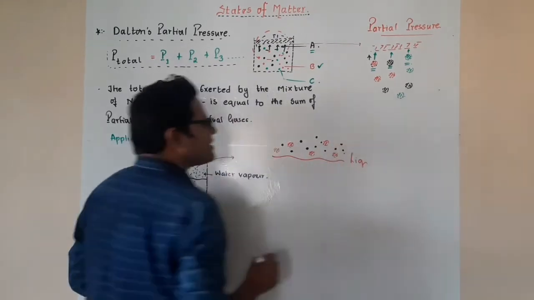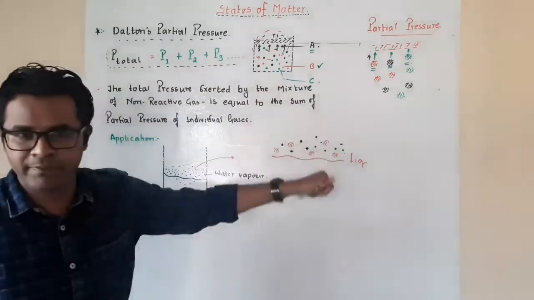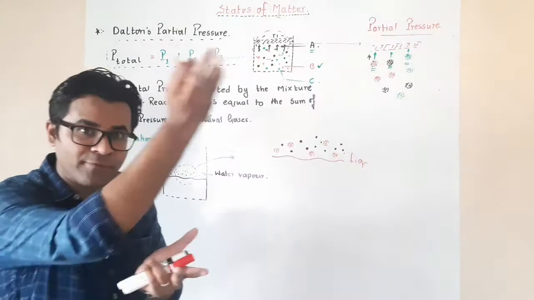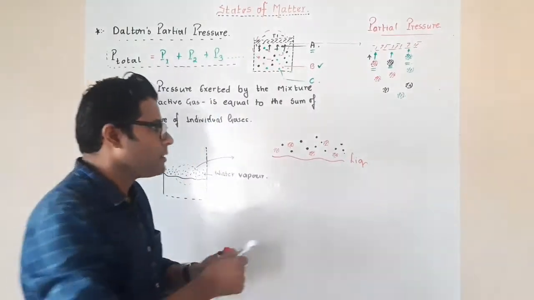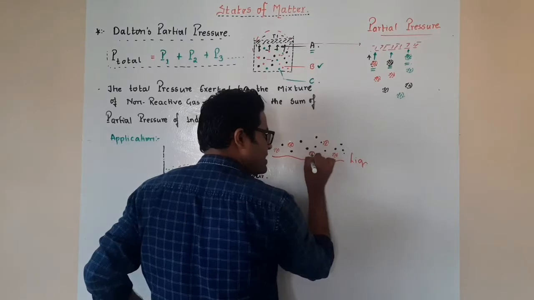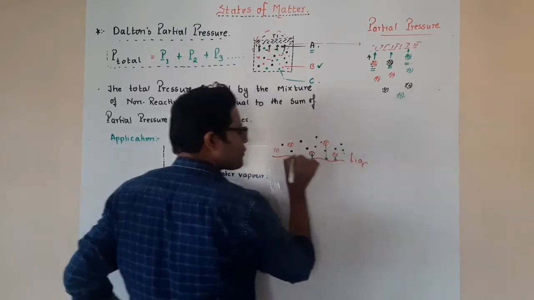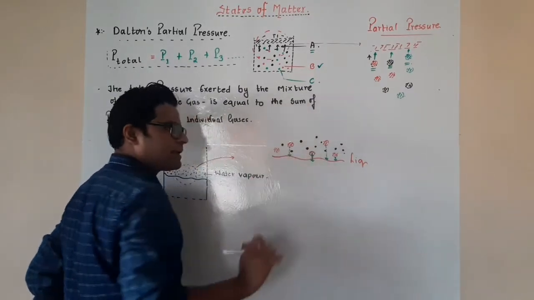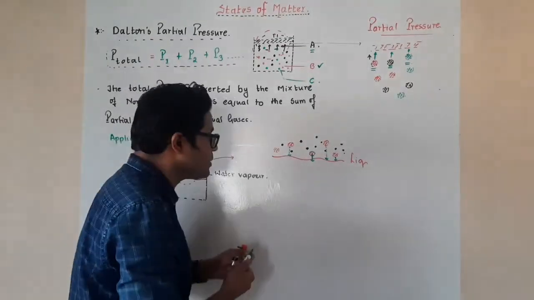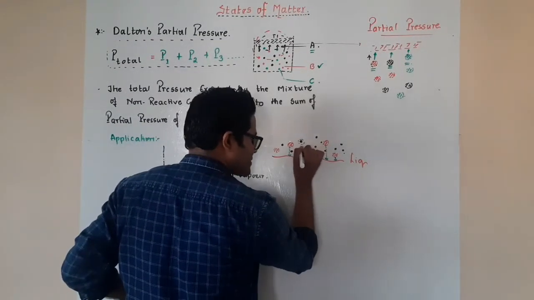Now, when we observe the pressure that is being generated on the surface of this liquid, this pressure is because of two things that are above the liquid surface. One, these water vapors. The water vapors are going to induce pressure on the surface of this liquid. Correct. At the same time, the second one that induces pressure is nothing more than the air molecules.